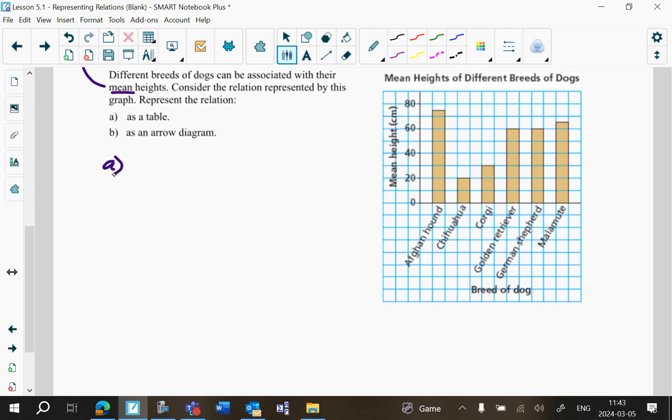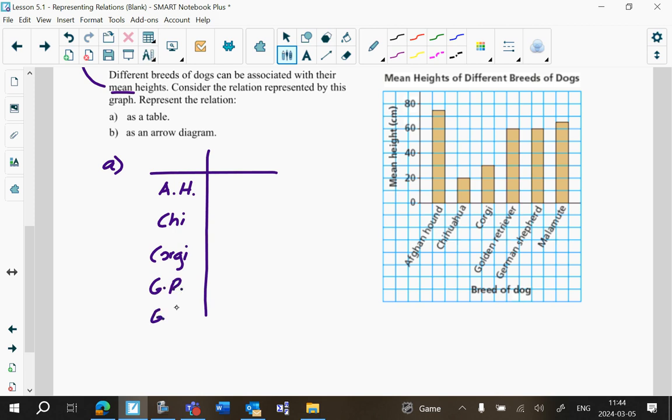So as a table, well, let's just put AH for the Afghan, CHI for the Chihuahua, Corgi, Golden Retriever, GR, German Shepherd, GS, and a Malamute.